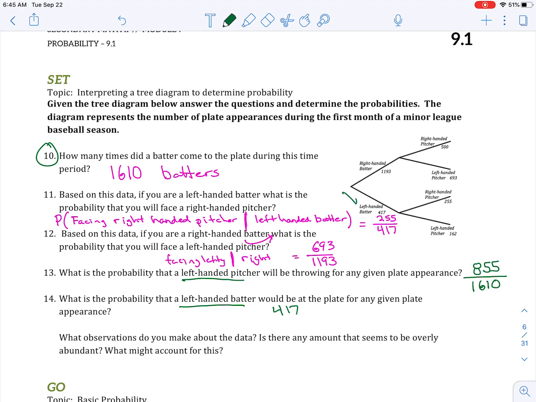And that is going to be out of all the plate appearances, which is 1610. Okay, so hopefully that was helpful in understanding the tree diagrams a little bit and the notation. Just remember, with the given part, just think about what is the numerator and what is the denominator.